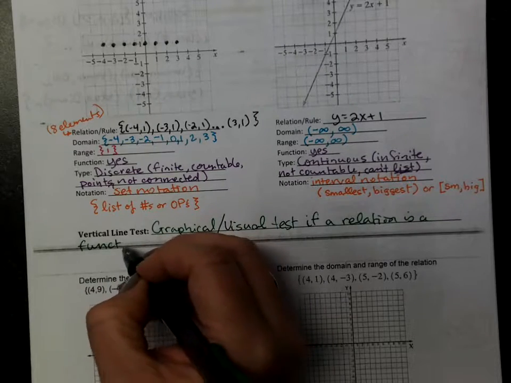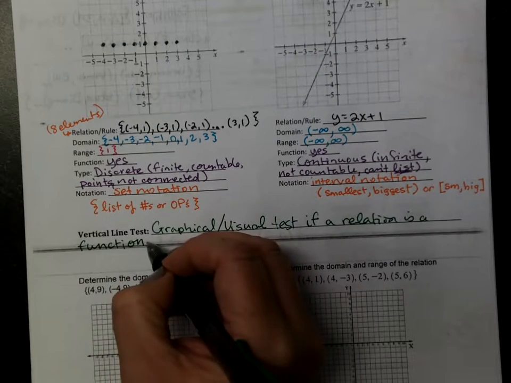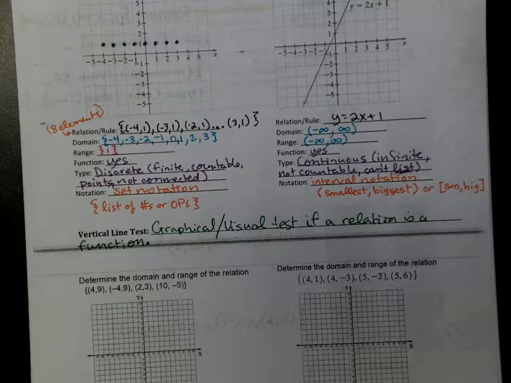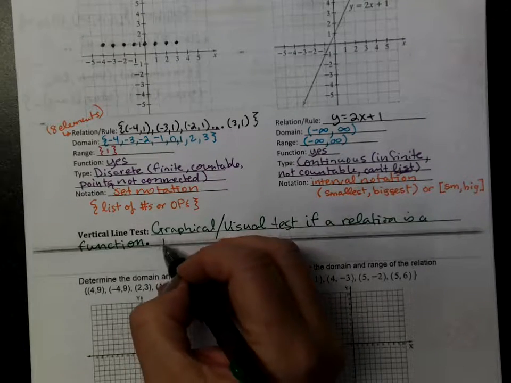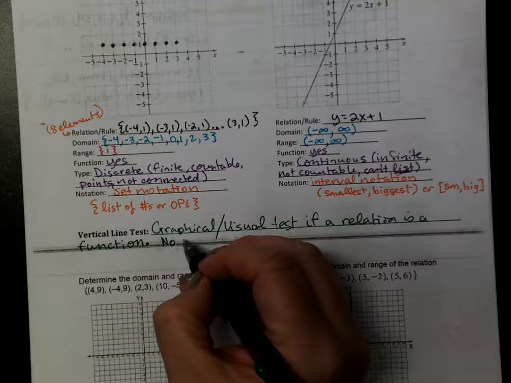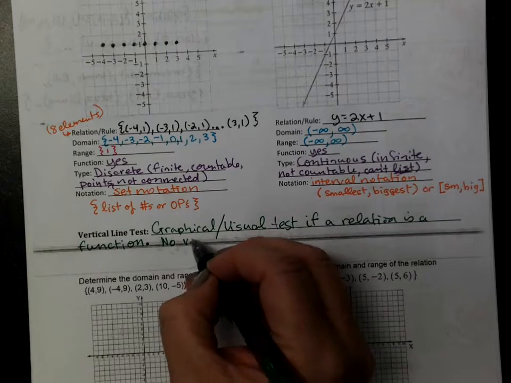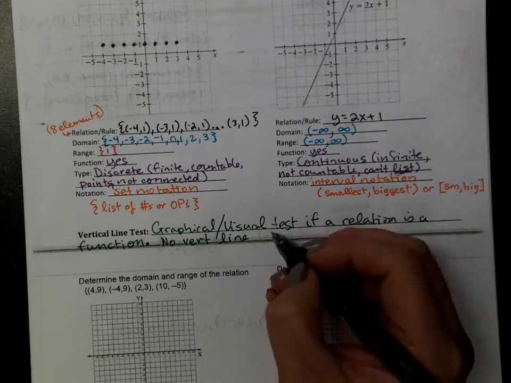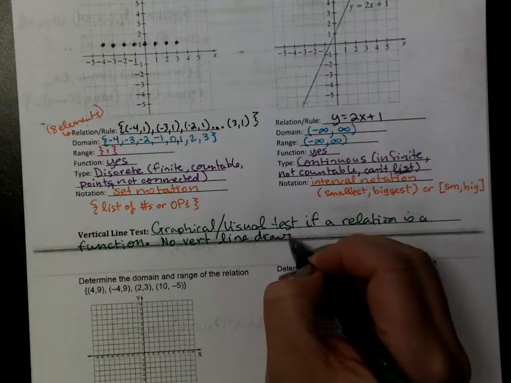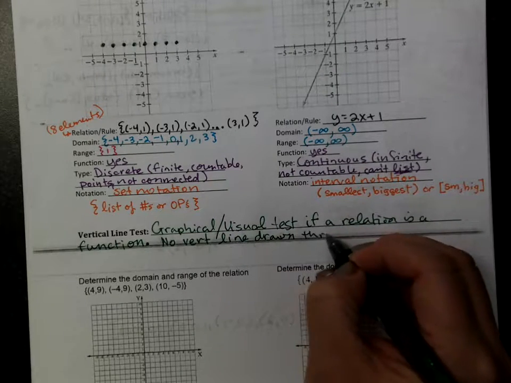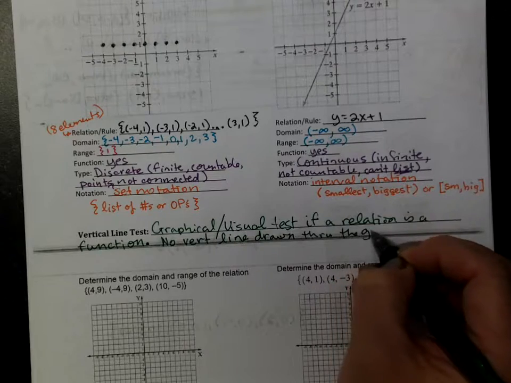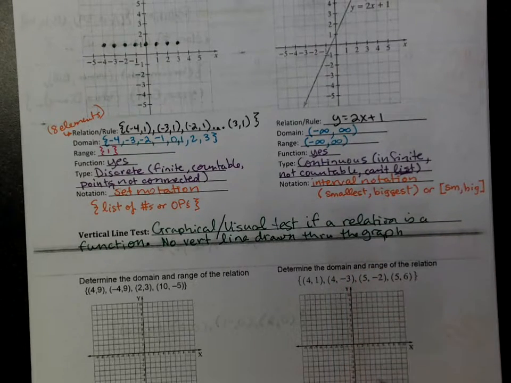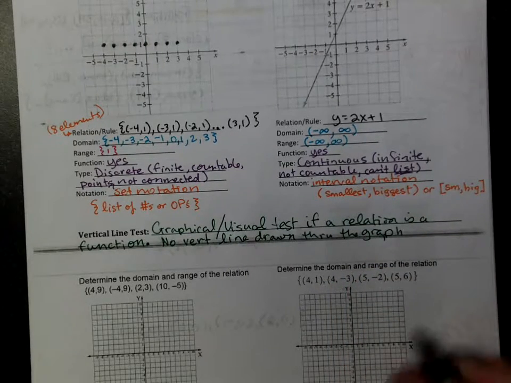Sorry about the bad Xerox there. So here's the idea. For the vertical line test, no vertical line drawn through the graph will cross the graph more than once.